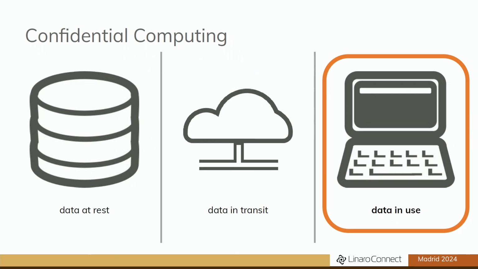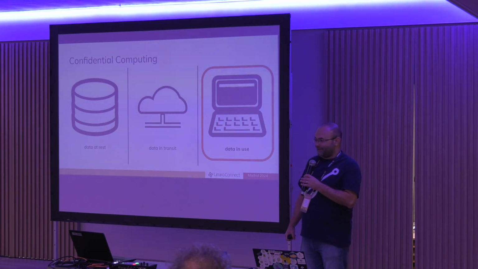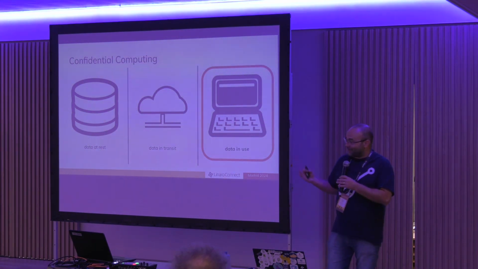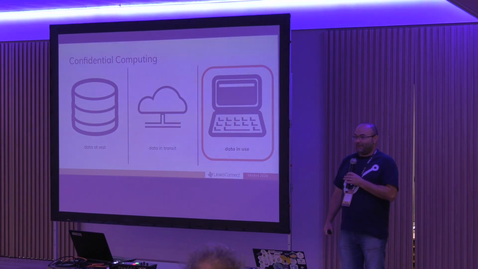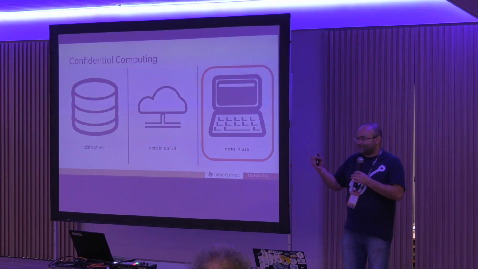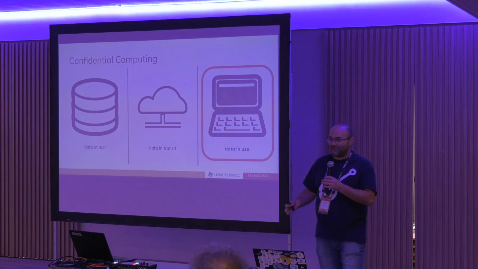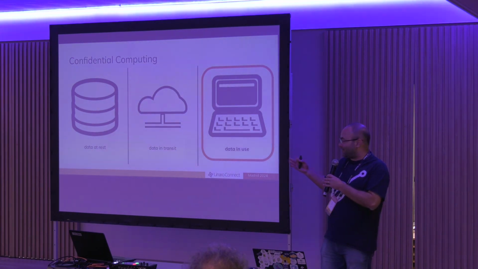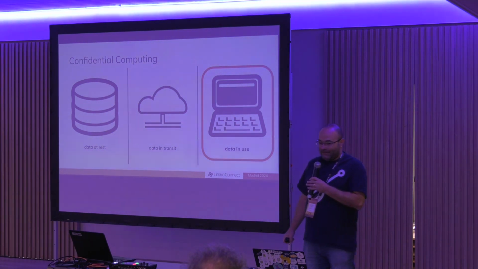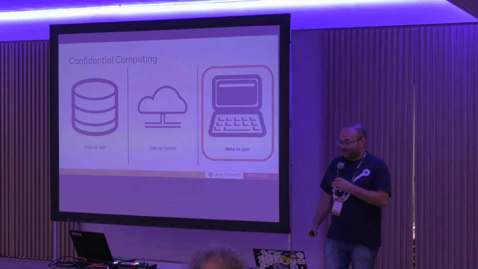We had on ARM the TrustZone, which has been implemented, I think, 20 years ago, which is exactly the same concept. But what happens is that in the latest years, there has been a desire from the market to also run regular Linux or regular operating systems in enclaves or in trusted execution environments, as we call it.